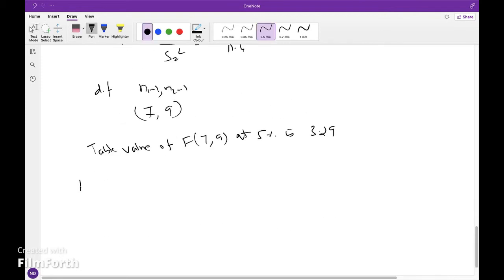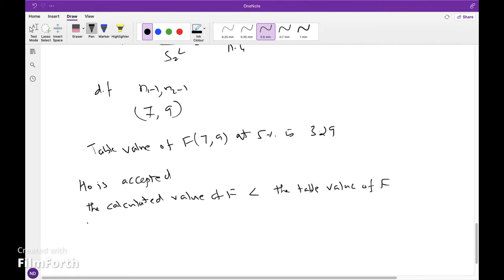Conclusion, H0 is accepted since the calculated value of F is less than the table value of F. Hence, the population variances are equal.